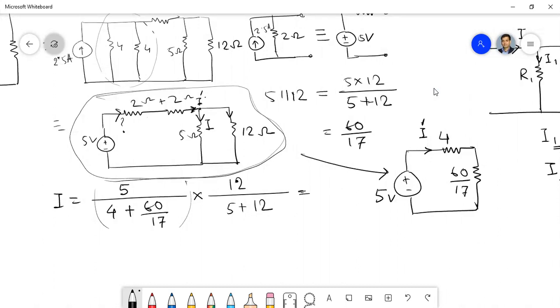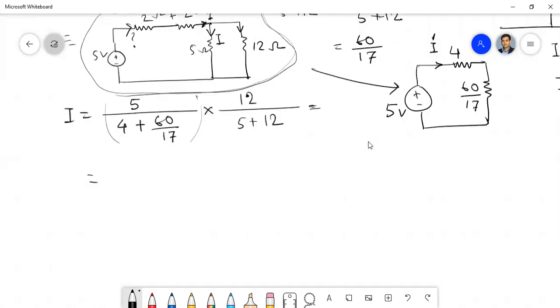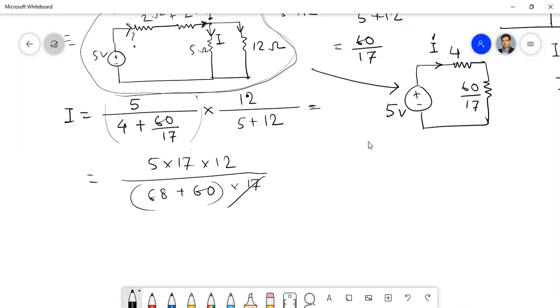Correct? What is the solution quickly? So here more 17 we are getting. 0.25. Sir, the current is coming as 0.468. So 0.47.